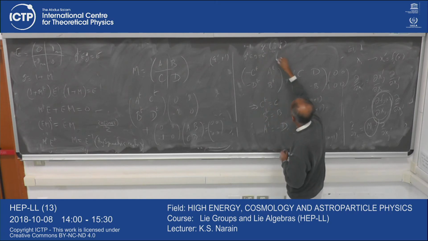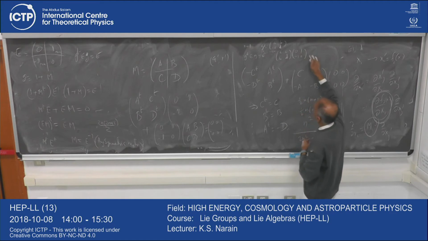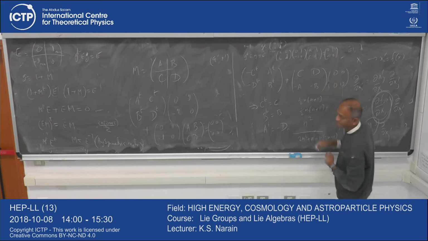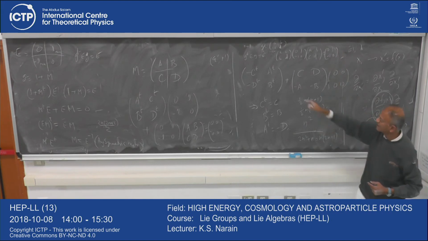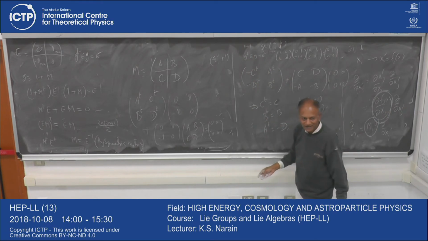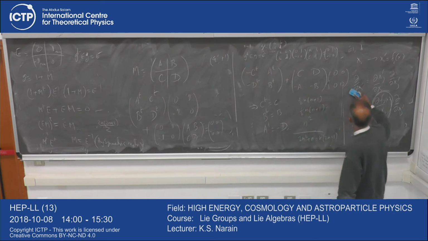So if you write that out, you get A, C, B, D, and E is 0, 1, minus 1, 0, and G is again A, B, C, D. This is supposed to be equal to 0, 1, minus 1, 0. I'm just taking a simple example, n equal to 1, otherwise it becomes very long matrices to multiply.